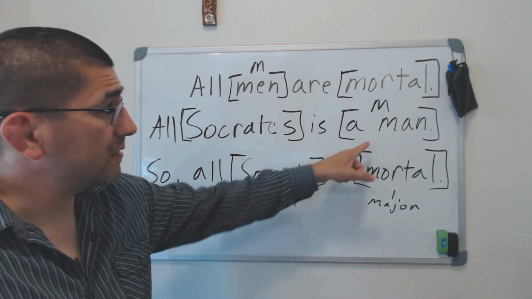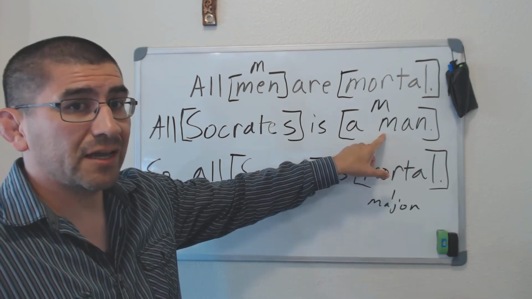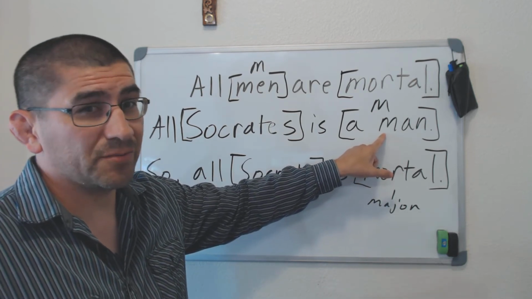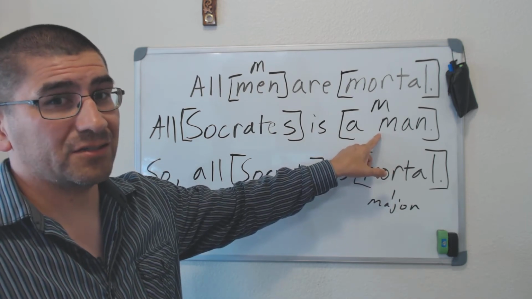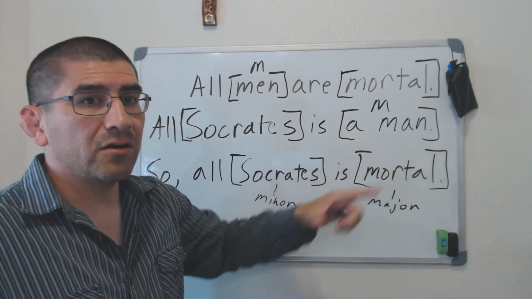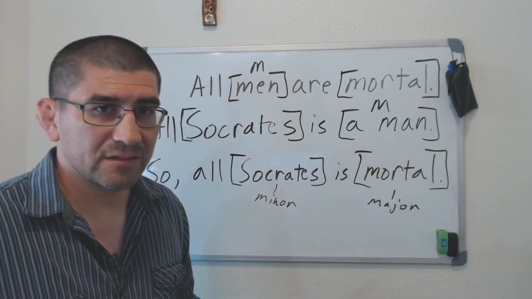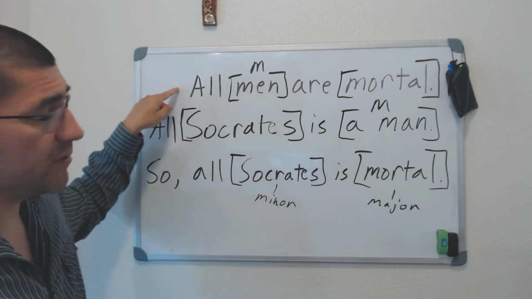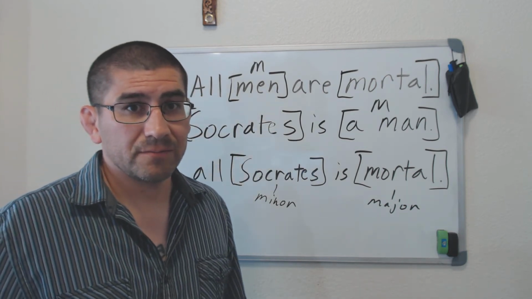Because the predicate term in an A proposition is undistributed. Okay, so in this proposition, it's not distributed. But all that we need to pass this rule is that the middle term is distributed just once in the premises, and it's distributed here. So it's good. It passes the rule.